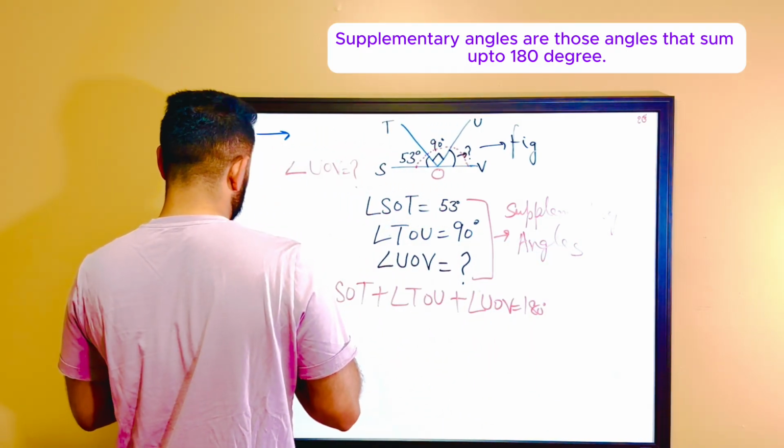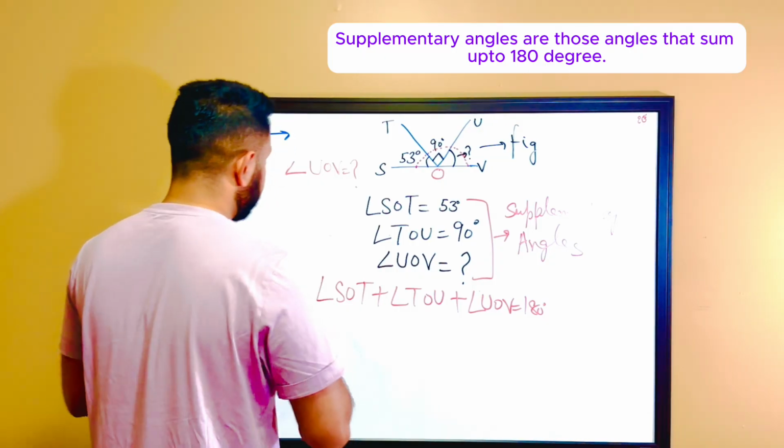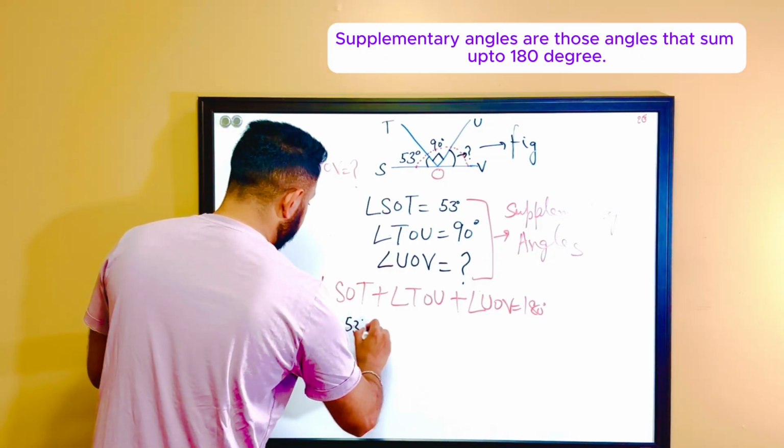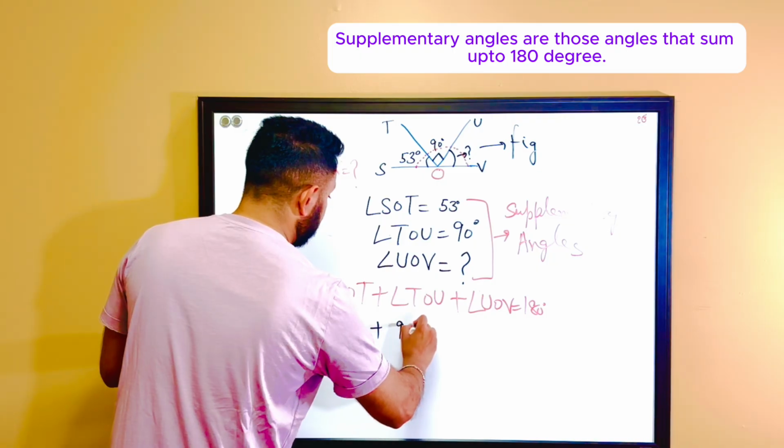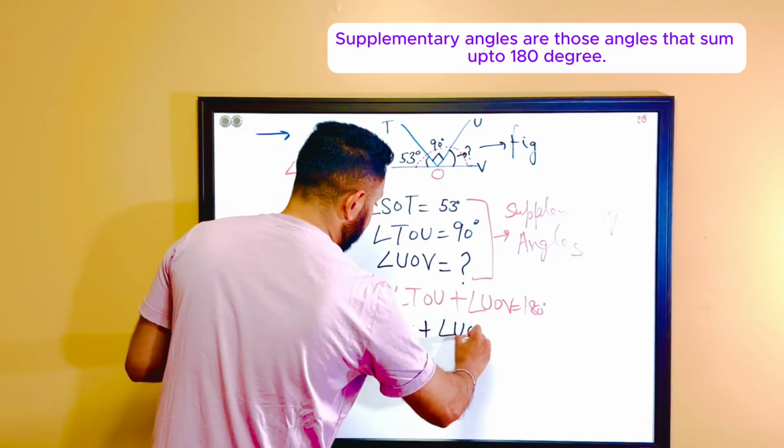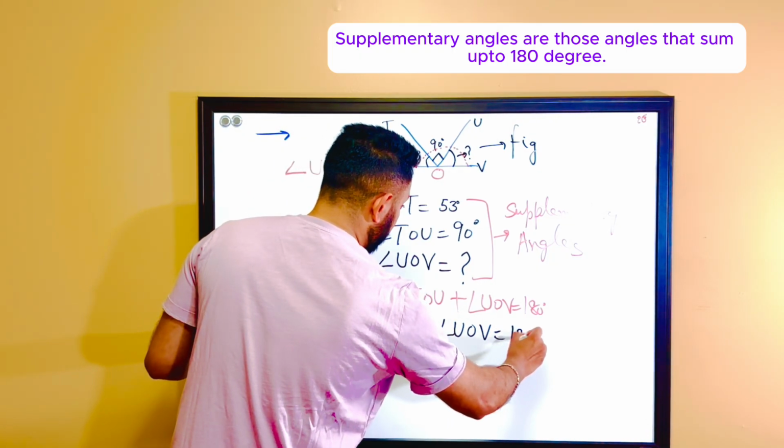So just put the values here. 53 plus 90 plus UOV that we need to find out is equal to 180.